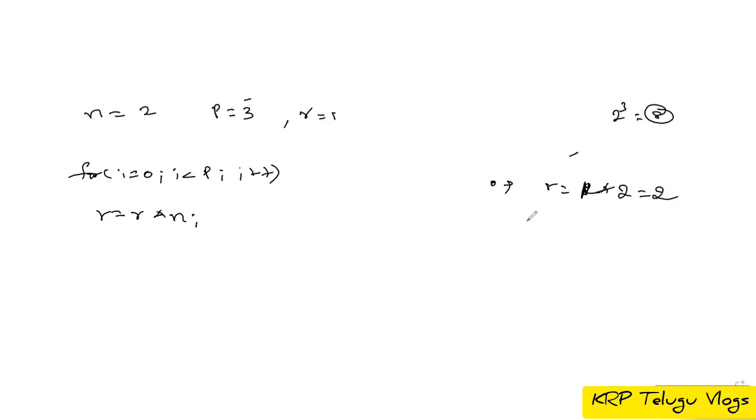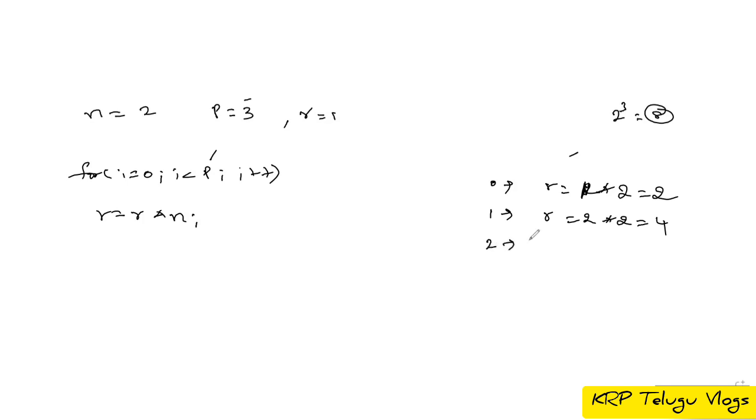So 2 only. Next time, i value will become 1. So now 1 is less than 3. This is true. So r is equal to r into n. r value is 2, 2 into n value 2. So what is it? 4. Is it clear? Next time, i value will become 2.